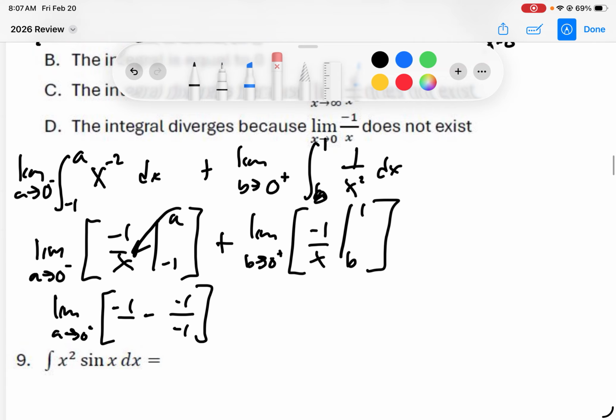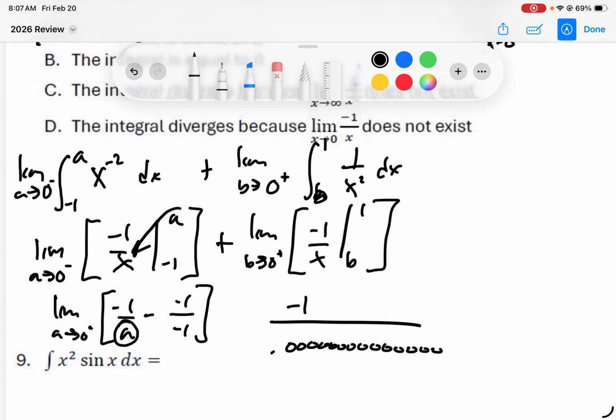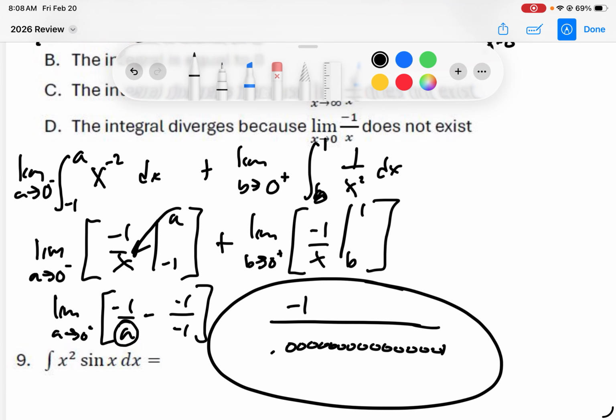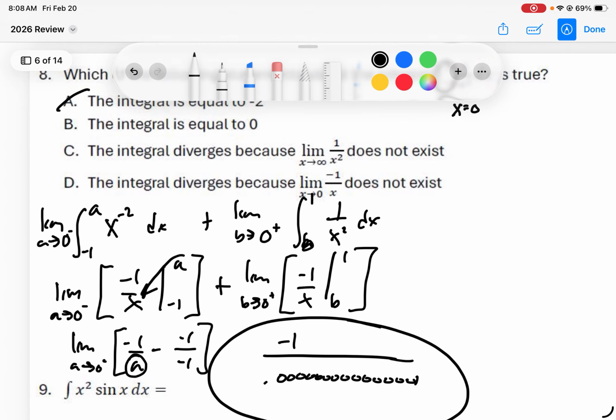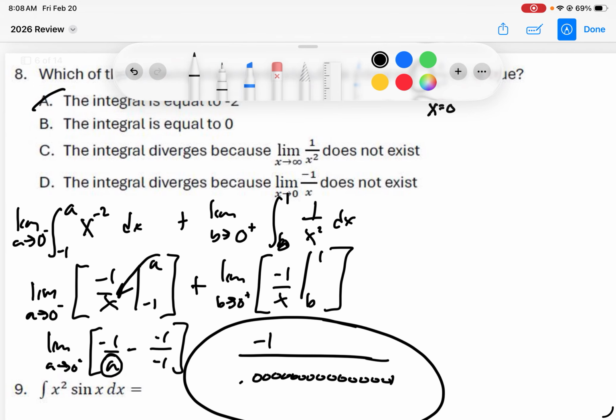The other idea is as a approaches 0, this bottom is getting infinitely small. Tiny, tiny, tiny. And if I've got 1 divided by a tiny number, that overall number is huge, so it approaches infinity. So I'm going to say the limit as a approaches 0 of that limit doesn't exist because it's infinity.